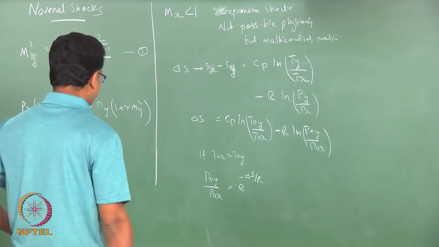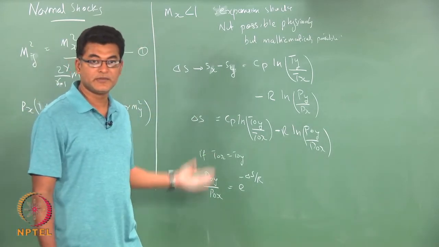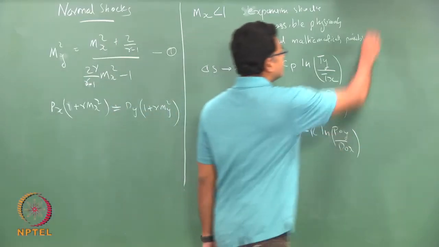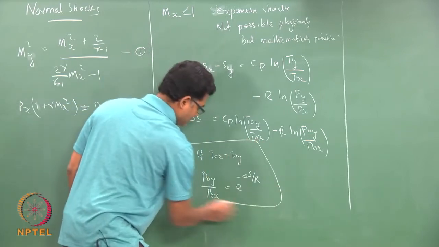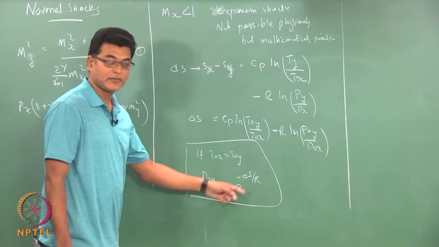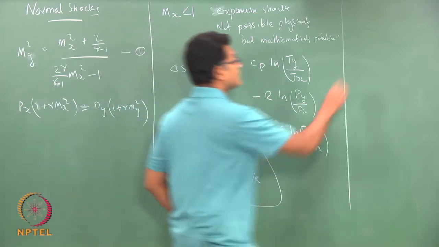Before this, we will have to show the relation between P0x and P0y. Yeah, we will show that. So, we will have P0y by P0x as e power minus delta S by R. Now, we will see how this can be represented in terms of Mach number.